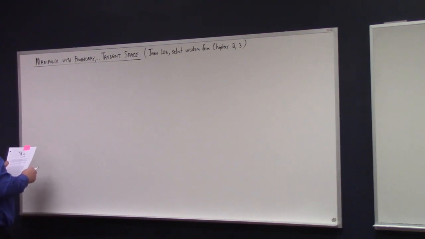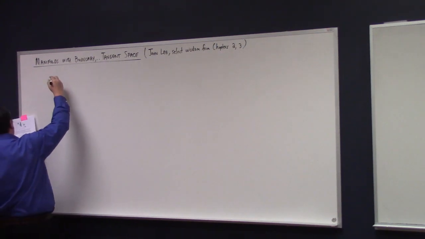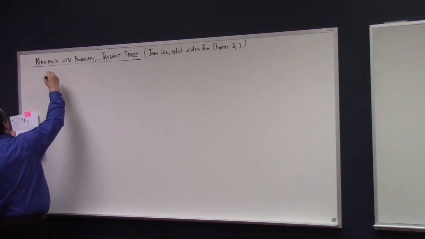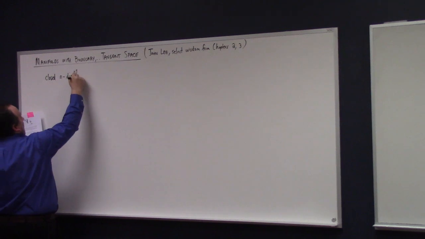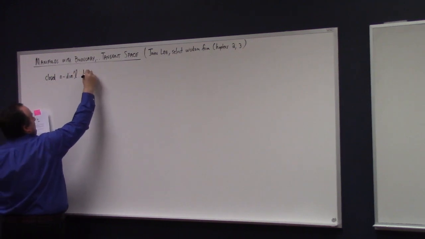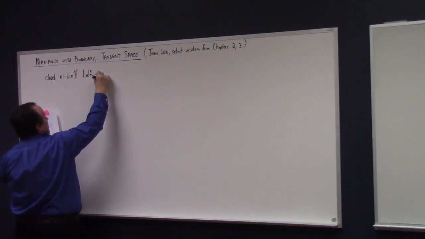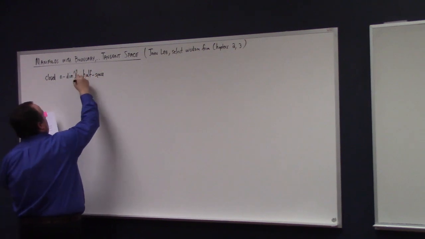So let's talk about what's a manifold with boundary. To start with, we have to talk about so-called half spaces. All right, so closed n-dimensional half space, and I think it's actually upper half space.